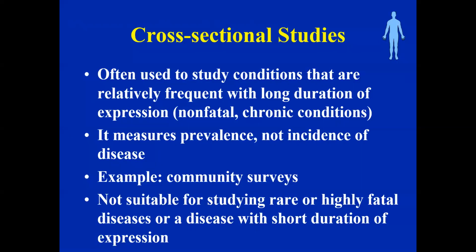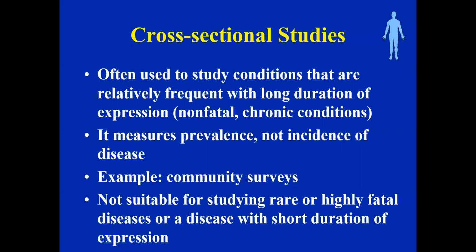If a disease has a short duration, by the time you do the study, most of the cases would have succumbed to death, so a cross-sectional study will not give you much useful information. So it works for diseases that have a long duration of expression.